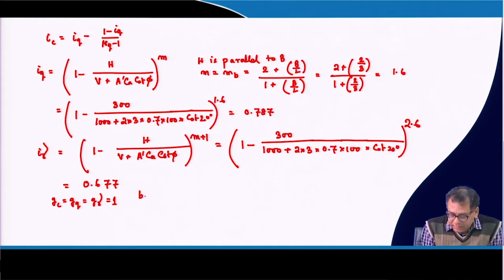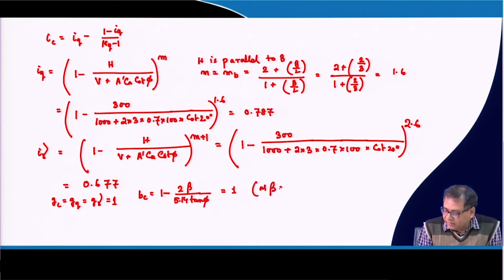Now BC is equal to 1 minus 2 beta divided by 5.14 tan phi. Now it will be 1 as beta is equal to 0. So it will be 1.